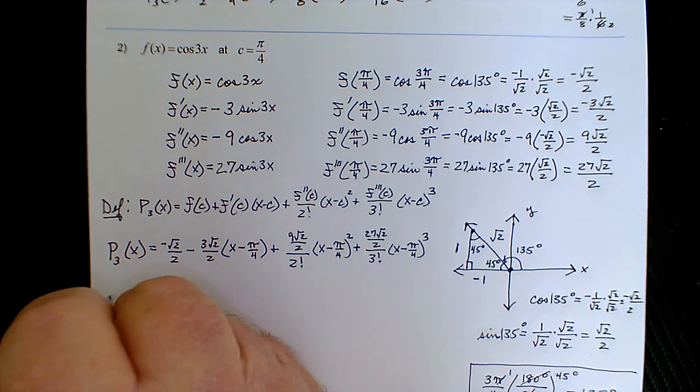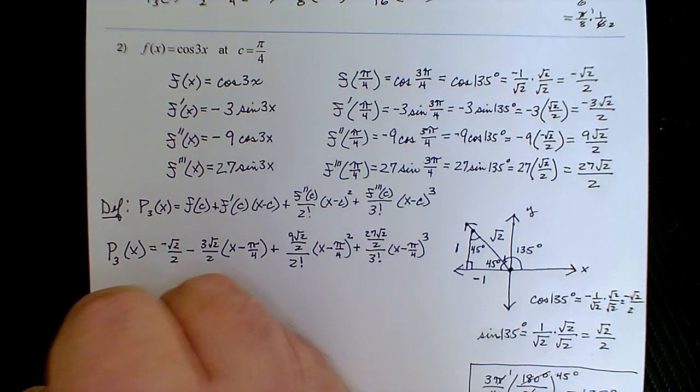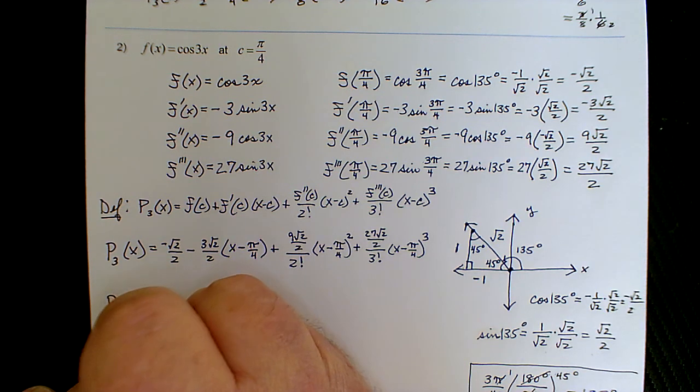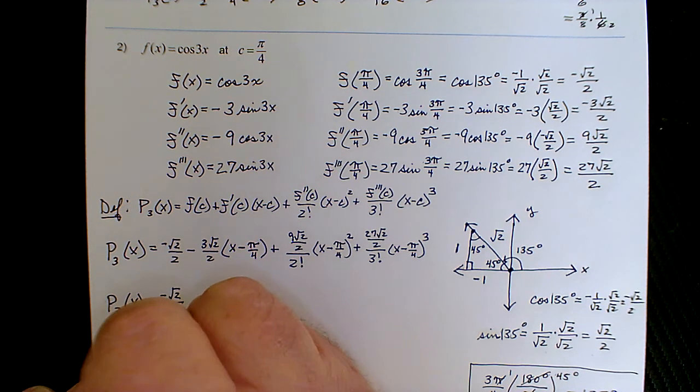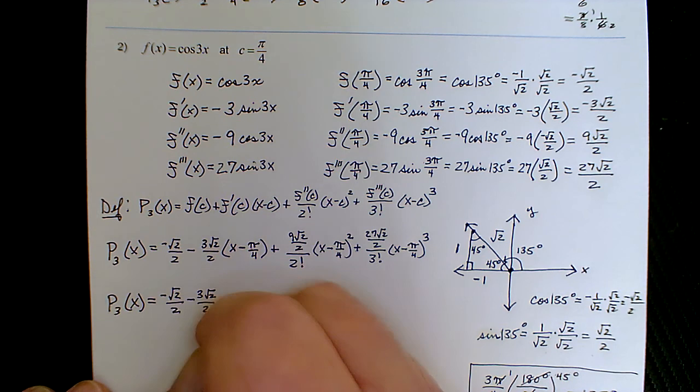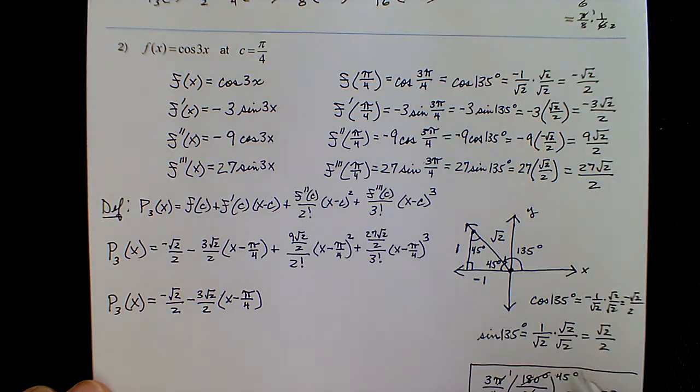Okay, and then finally we get p sub 3 of x is equal to, again, these first two terms I'm just going to leave, minus radical 2 over 2, minus 3 radical 2 over 2. That's about to be multiplied by the x minus pi over 4. Don't distribute that, just leave it.